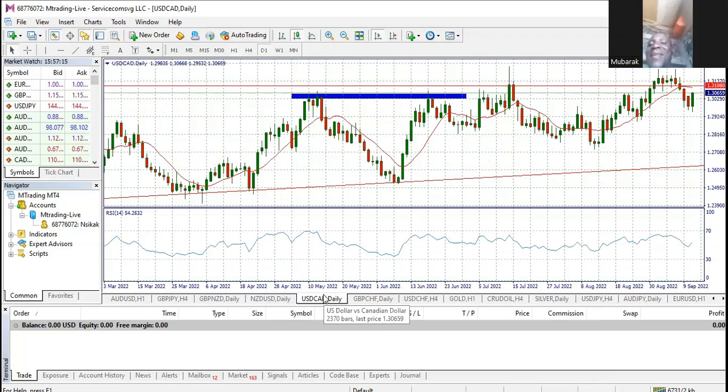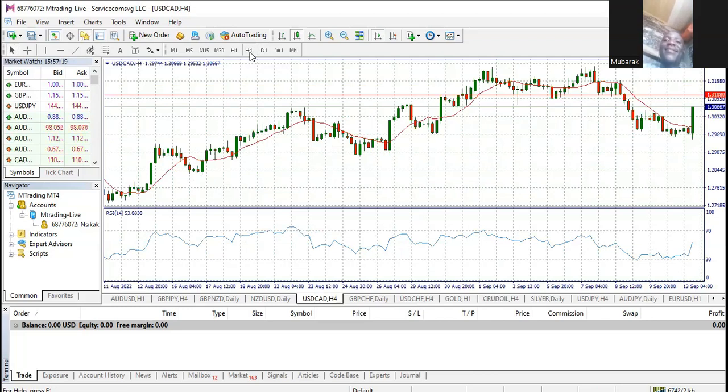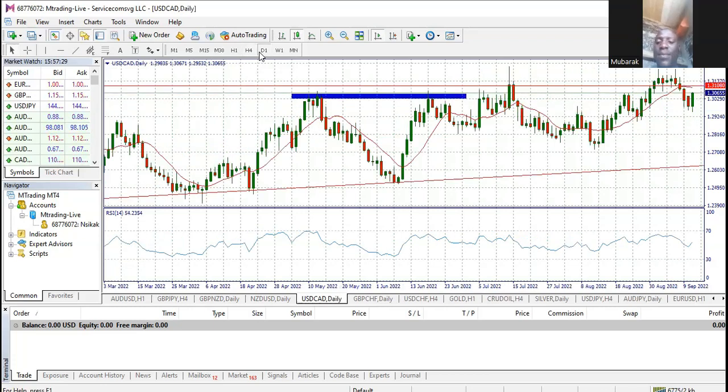Here's the card still approaching. It will get to this point where I just said it would get to, to come in contact with the 10-day simple moving average on the daily time frame. Then we could start expecting the market to range and sell from there.